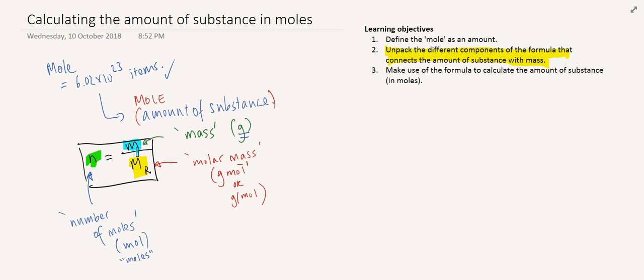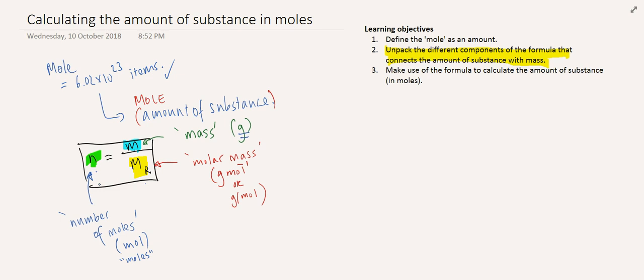To work out the number of moles, for example, you need the mass and the molar mass of whatever substance you're determining the number of moles for. You need 2 out of 3 of these terms in order to work out the third. And all questions should give you enough information to be able to work out that third unknown.